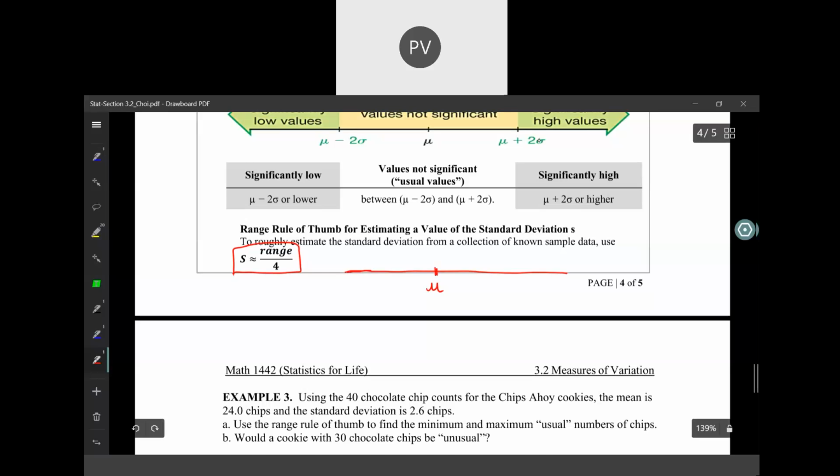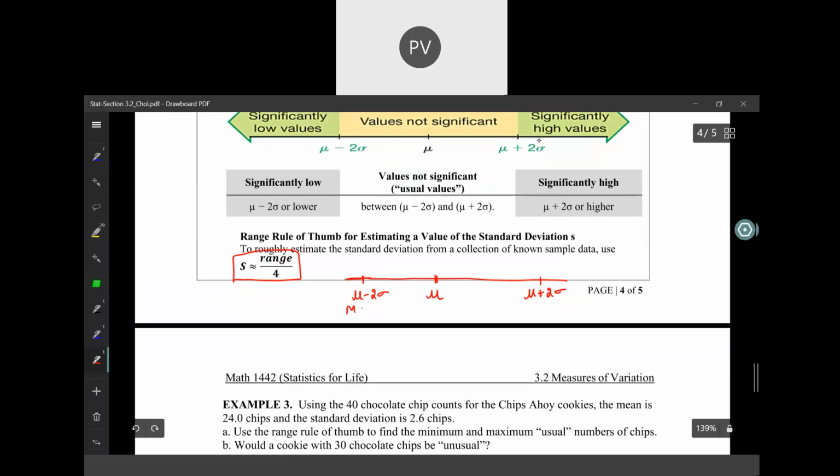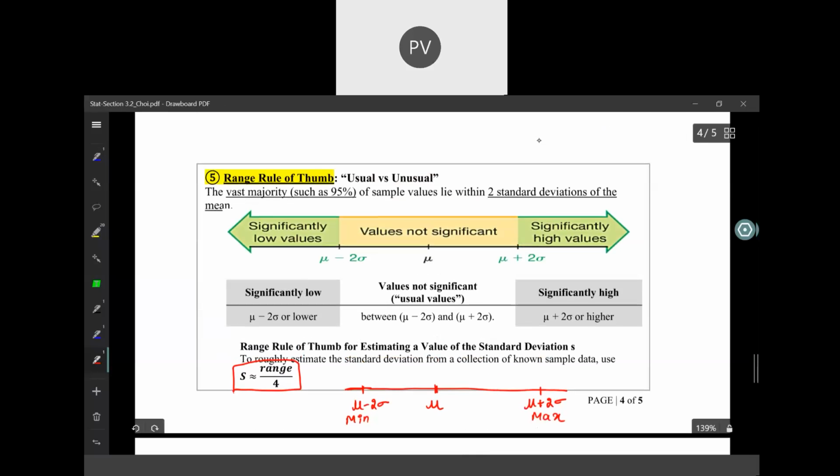Now if I say that we have a standard deviation within 2 range, this gives me the minimum value and this is the maximum value. This is the rule for range.